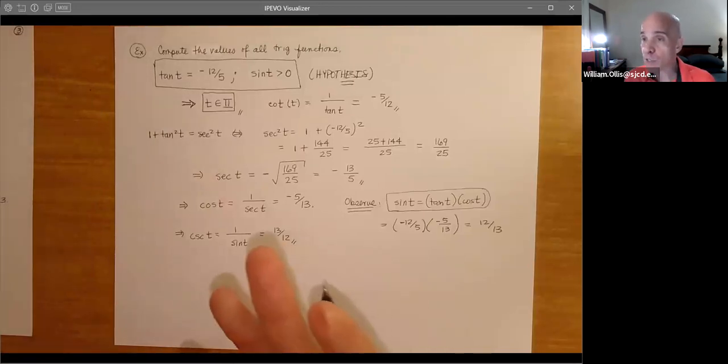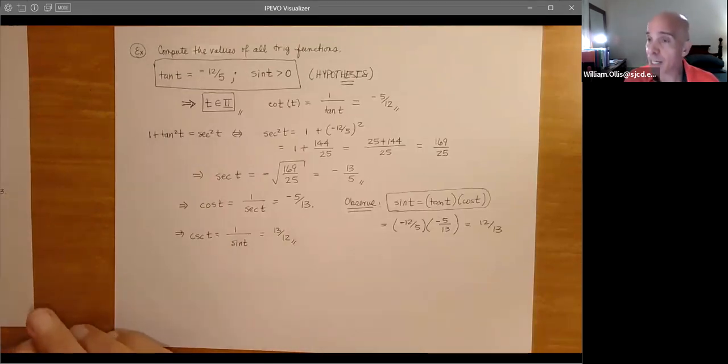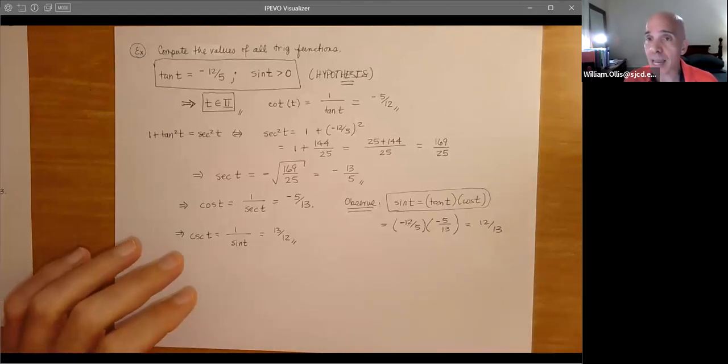Then you can use your reference number, or you can go directly to the unit circle. You have plenty of flexibility. However, whatever technique you use, you have to obey the arithmetic of the unit circle. And if you don't, then you have some very interesting answers here.